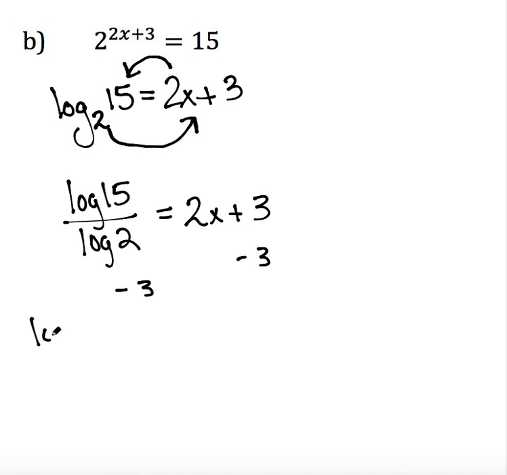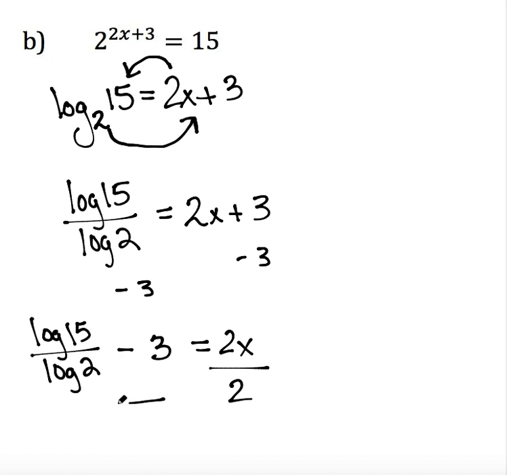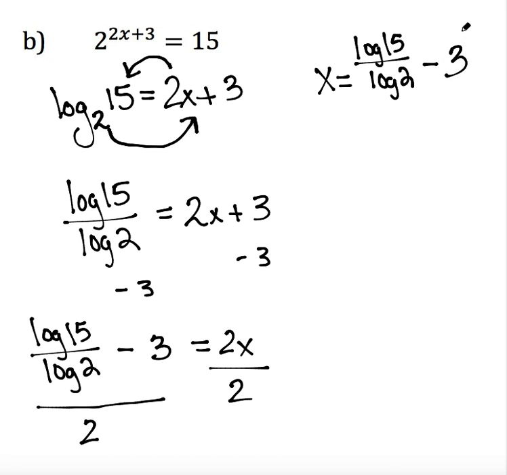That leaves me with log of 15 divided by log of 2 minus 3 is equal to 2x. Then, to get x by itself, I'm going to divide the whole thing by 2. So x is equal to log of 15 divided by log of 2 minus 3, all of that divided by 2.